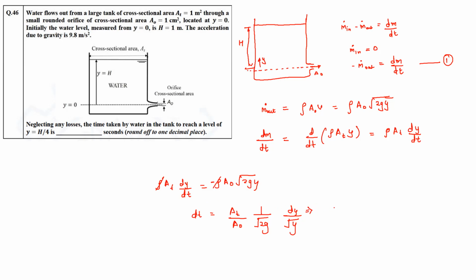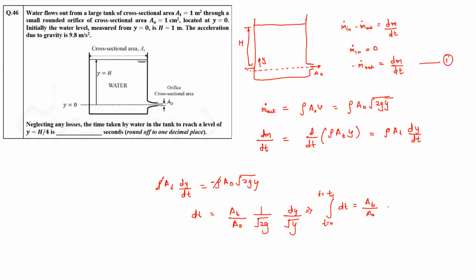Now we will integrate in order to find the time. So let's say this starts from t equal to 0, and at t equal to t1, let's say you reach h by 4. So this goes from t equal to 0 to t equal to t1 of dt.